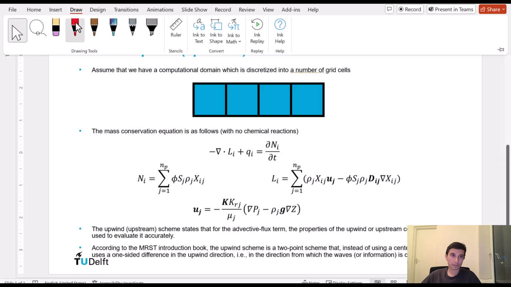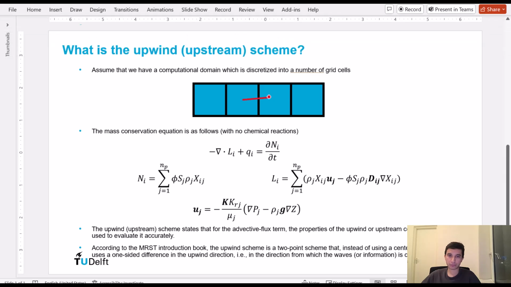So let's consider that we have a fluid, we have a phase that is flowing from the left cell to the right cell like this. And so we need to evaluate the advective term for the components in that phase.